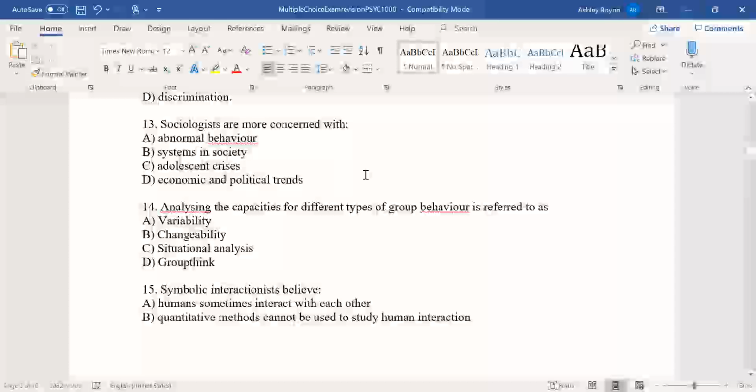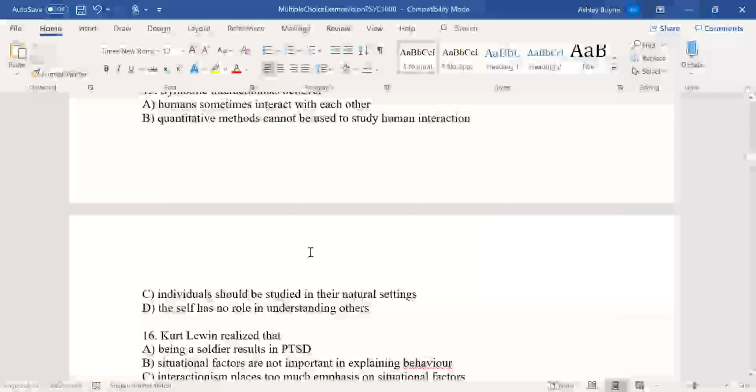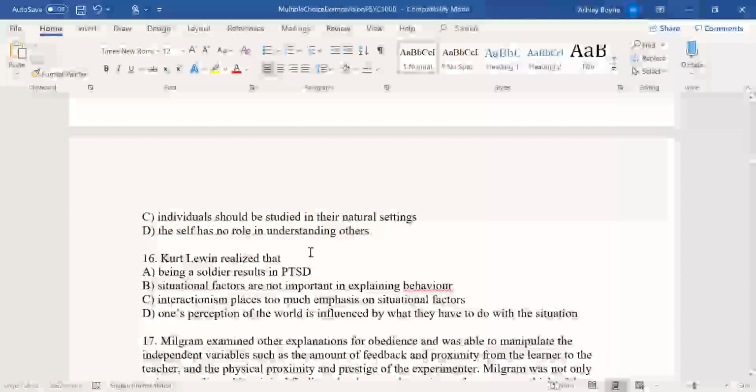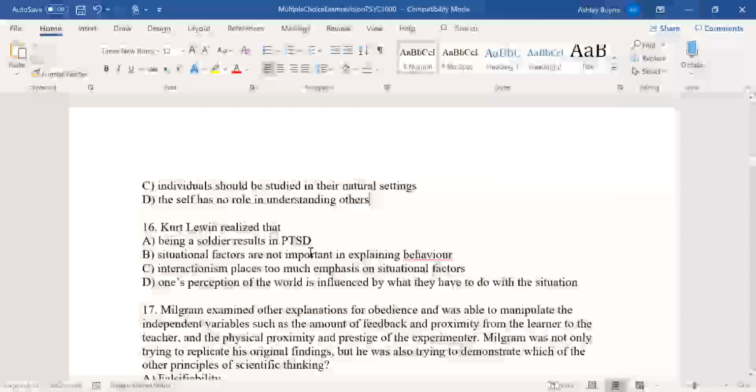So number 14, analyzing the capacities for different types of group behavior is referred to as A, variability, B, changeability, C, situational analysis, or D, groupthink.